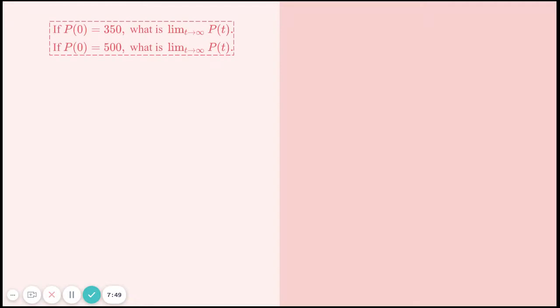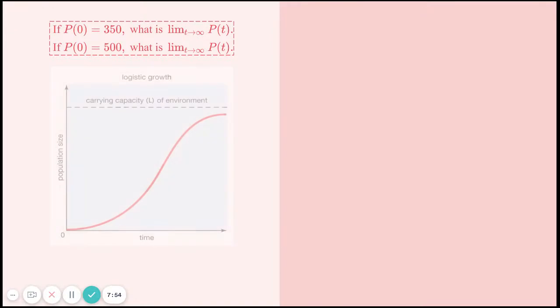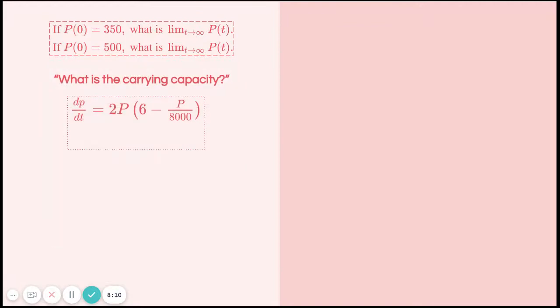Let's address part A. The limit of P(t) as t approaches infinity is just a fancy way to say the carrying capacity. Because if you look at the graph, as t grows larger and larger, y will approach the upper limit. So what we need to ask ourselves is, what is the carrying capacity? Easy, right? But the thing is, the equation that we were given in the problem doesn't quite look like the differential equation that we worked with previously.